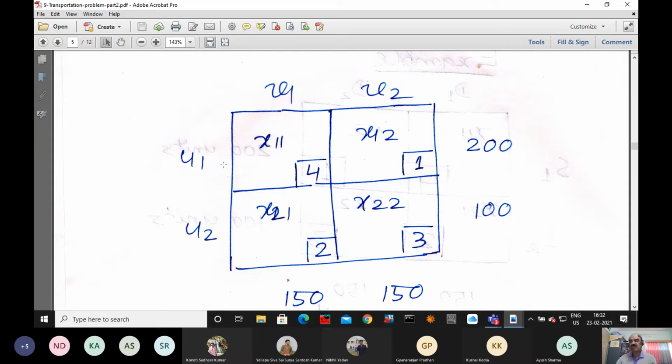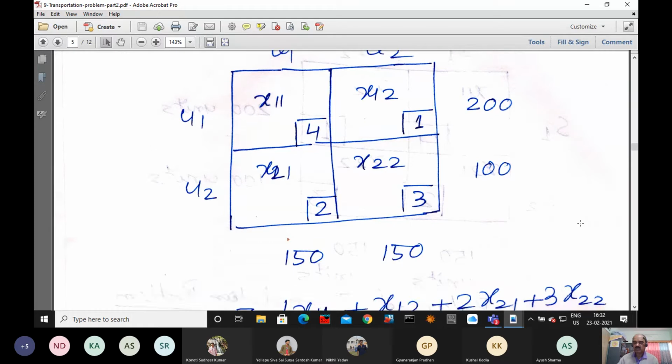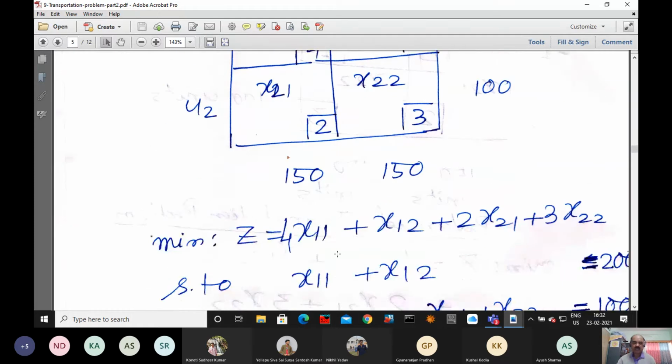So there are 4 constraints, so 4 dual variables. With respect to rows, the dual variables are u1, u2, and with respect to columns, the dual variables are v1, v2. So we write in this form.